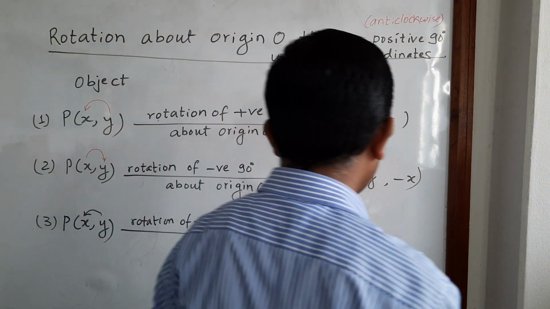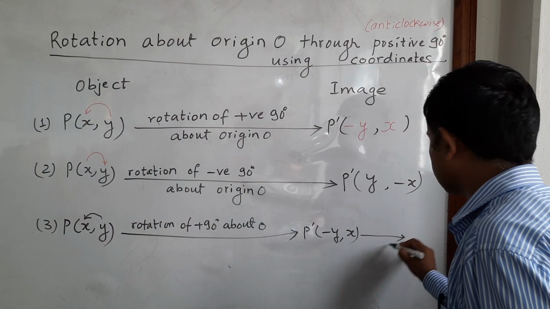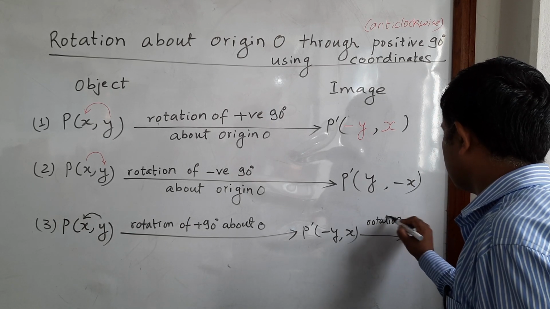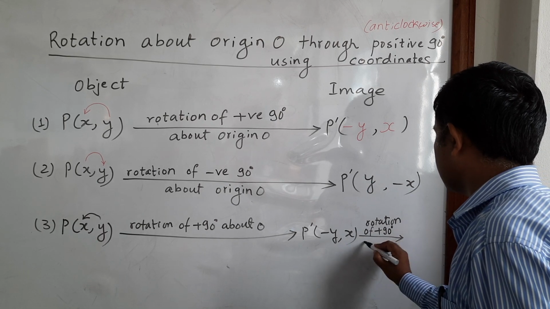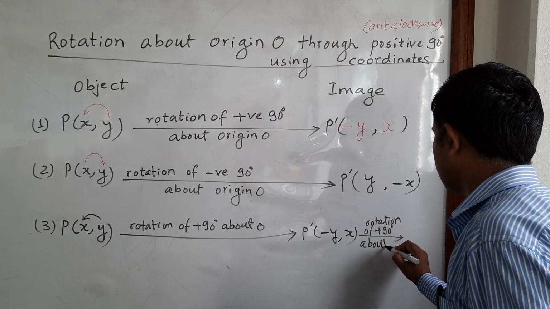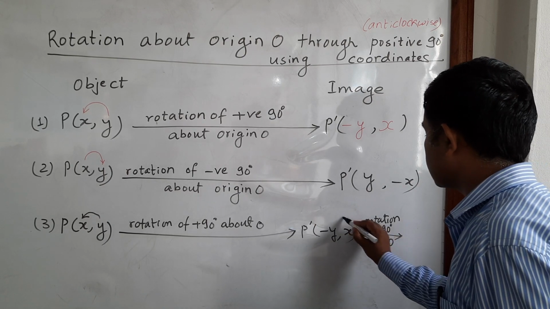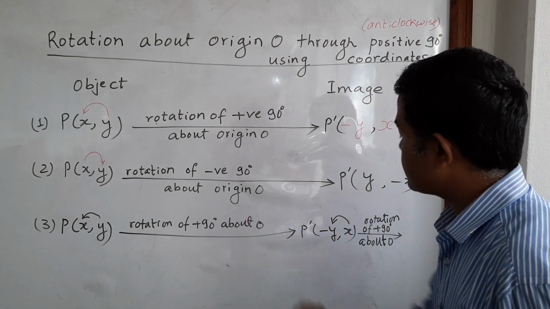And again we will do a rotation of plus 90 degrees about origin O. So again we rotate this through positive 90 degrees. 90 plus 90 is 180.